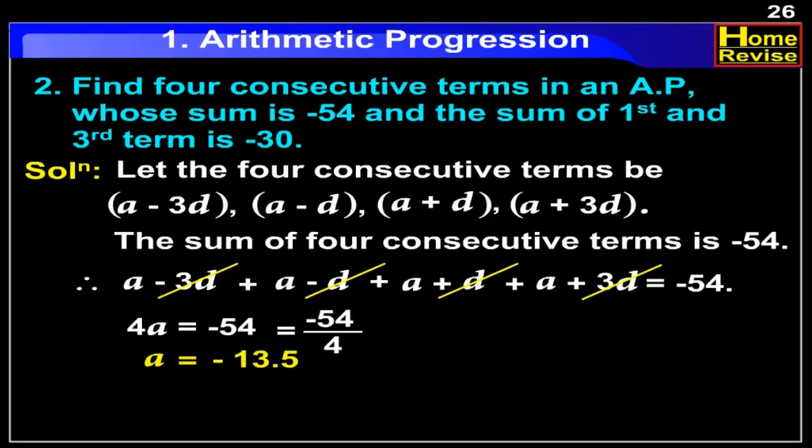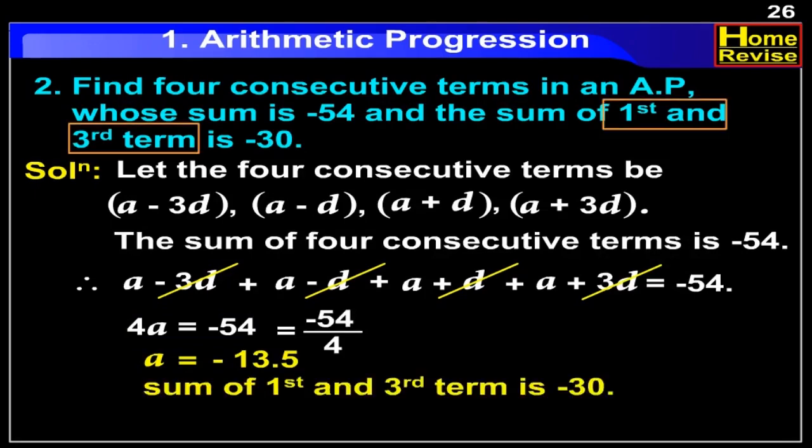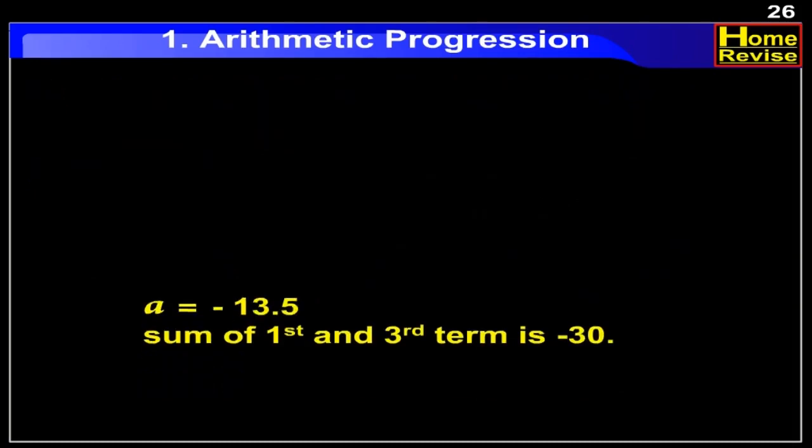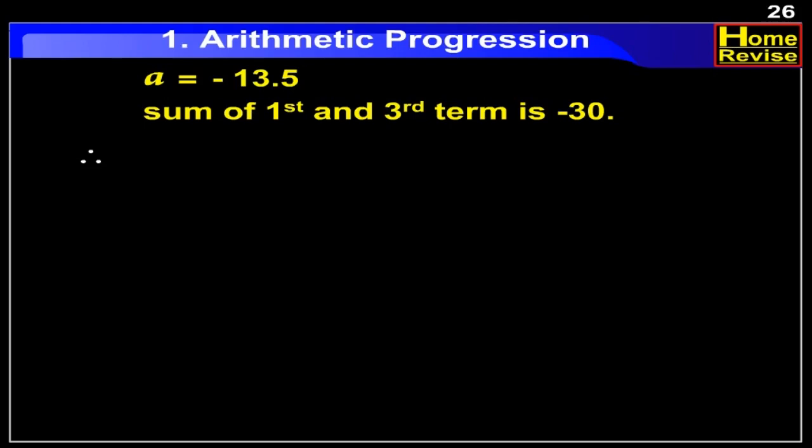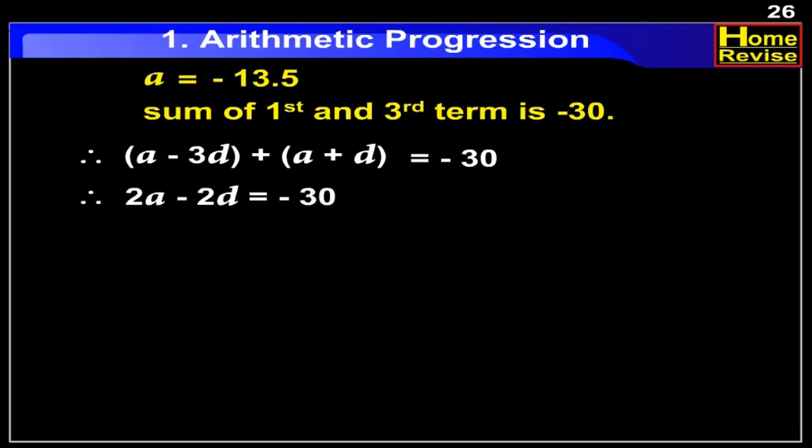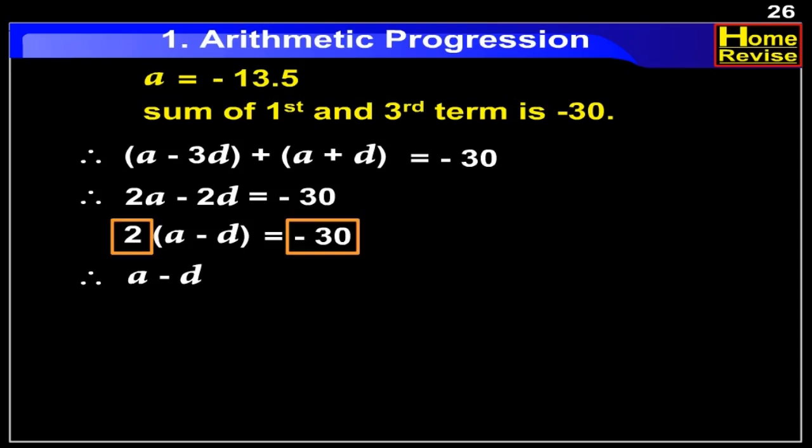Now, it is also given that the sum of first and the third term is minus 30. Therefore, we have (a minus 3d) plus (a plus d) is equal to minus 30. Therefore, 2a minus 2d is equal to minus 30. Taking out 2 common, we have 2 into (a minus d) is equal to minus 30. Therefore, a minus d is equal to minus 30 divided by 2.